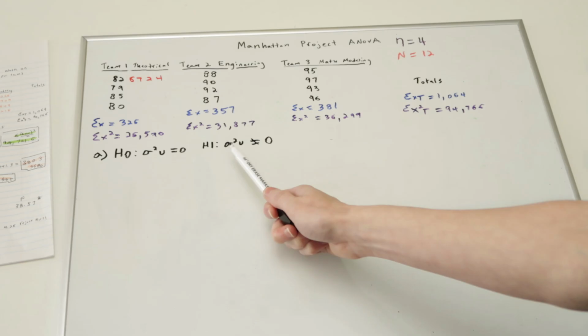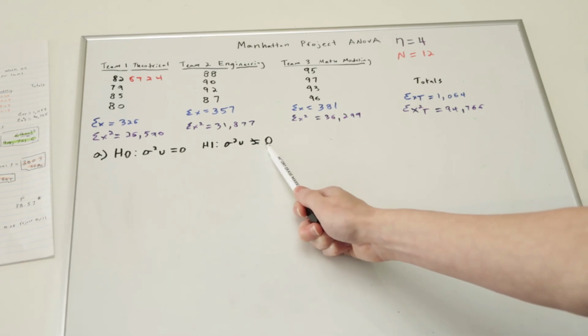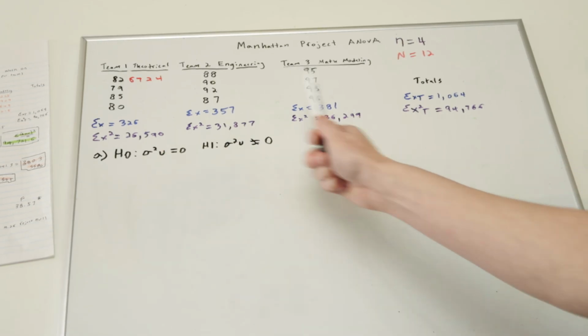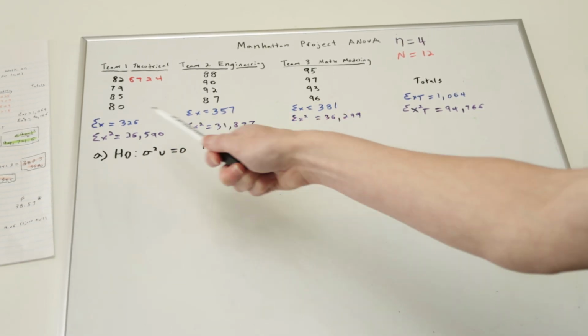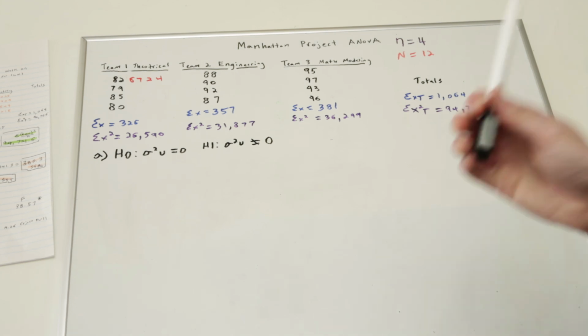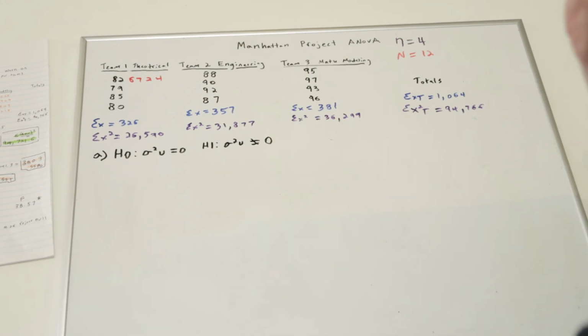H1 says these teams' variation does not equal 0, meaning there's a difference between these groups and their accuracy of calculating nuclear fission.